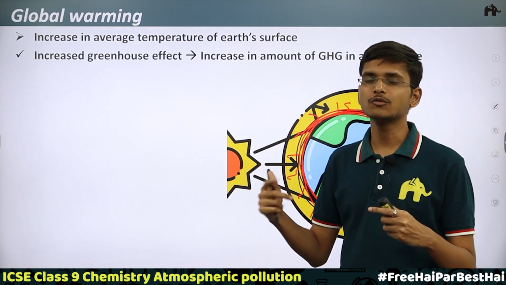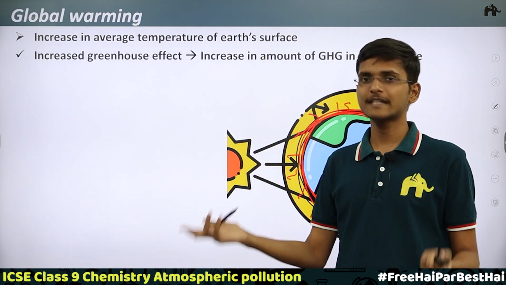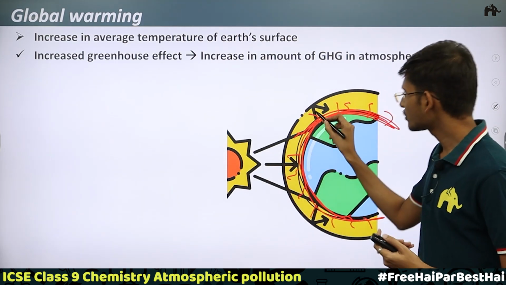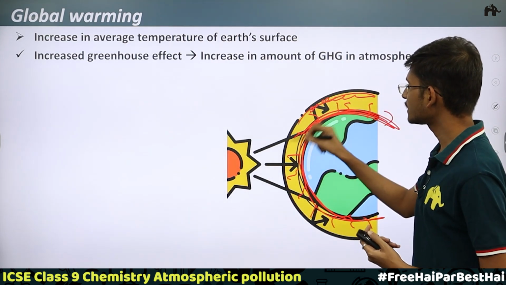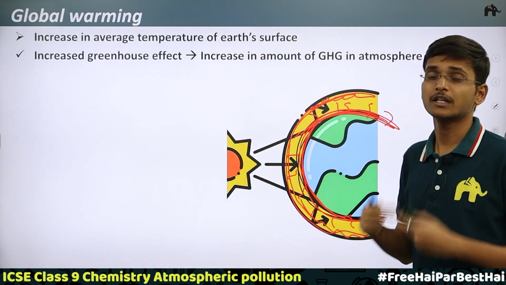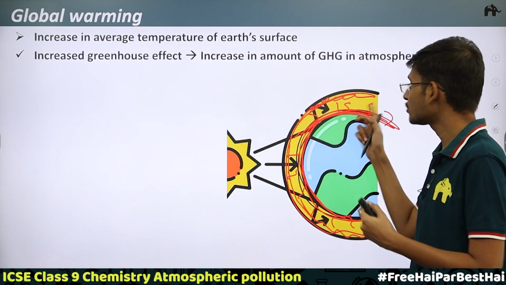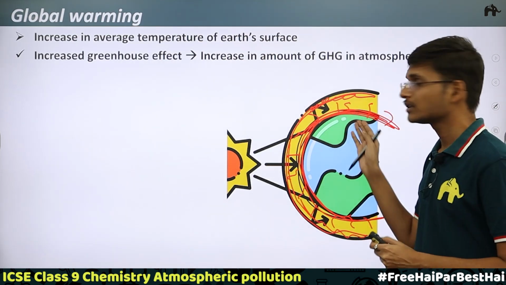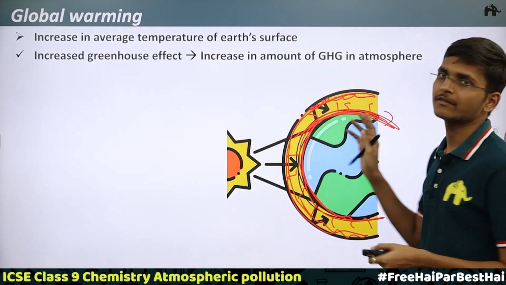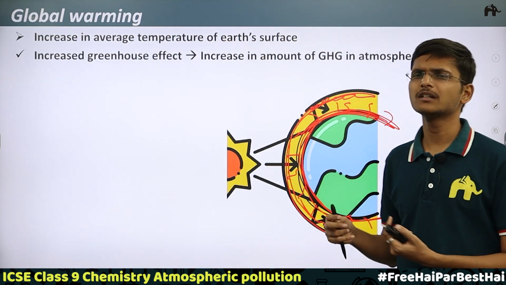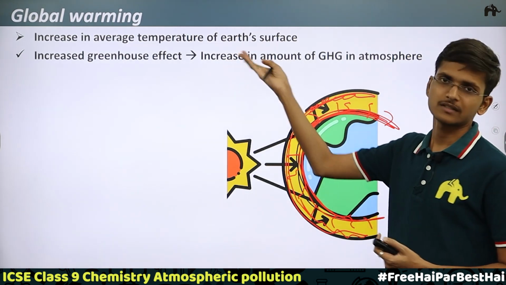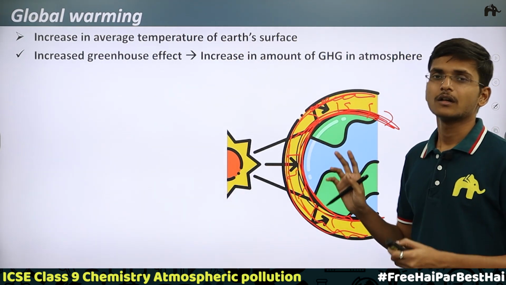The greenhouse gases. So if more and more greenhouse gases are present, they would absorb more and more infrared radiation, which would result in an increase in the average temperature of the Earth's surface, which is simply global warming. Clear?